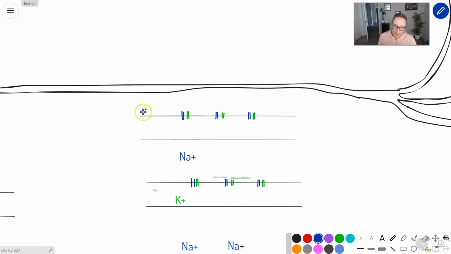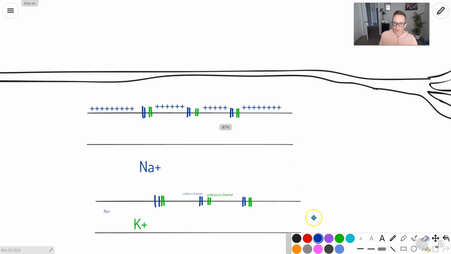Positive, positive, positive, positive. And on the inside it's negative, negative, negative, and negative. Beautiful.